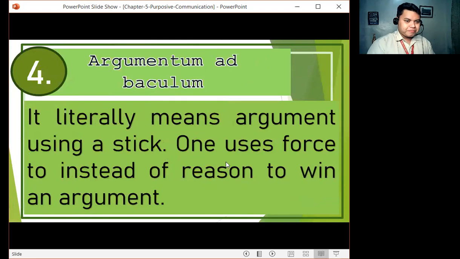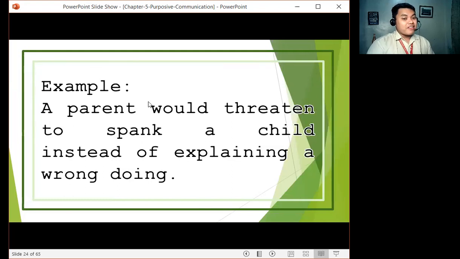Next, argumentum ad baculum. Argumentum ad baculum, this is the one with force. Okay, it literally means argument using a stick. One uses force instead of reason to win an argument. So that means there is force. Very common example: a parent would threaten to spank a child instead of explaining a wrongdoing. This is a very concrete example for us.